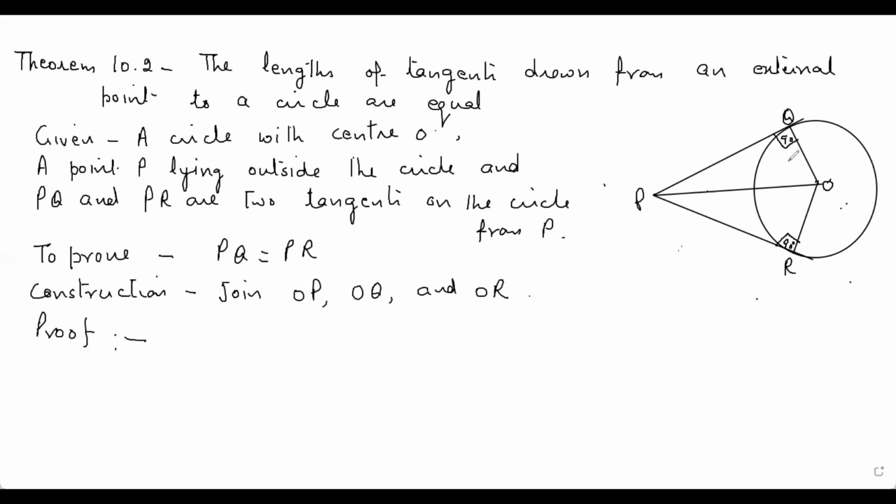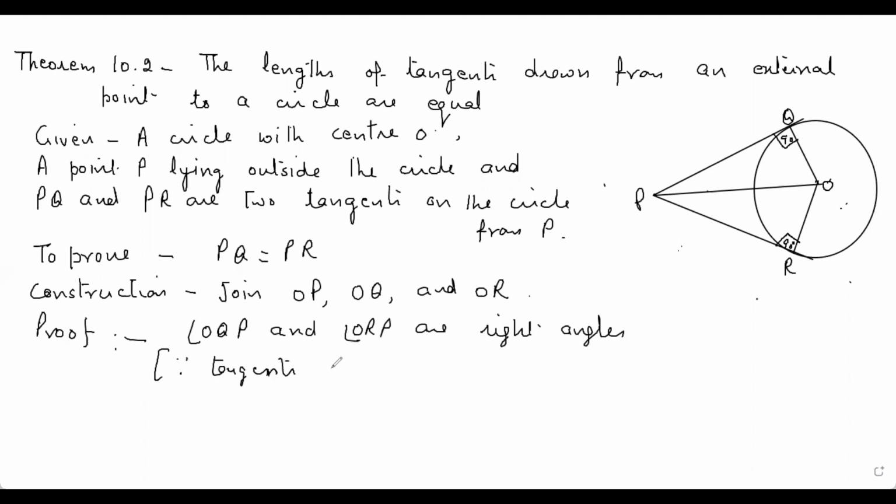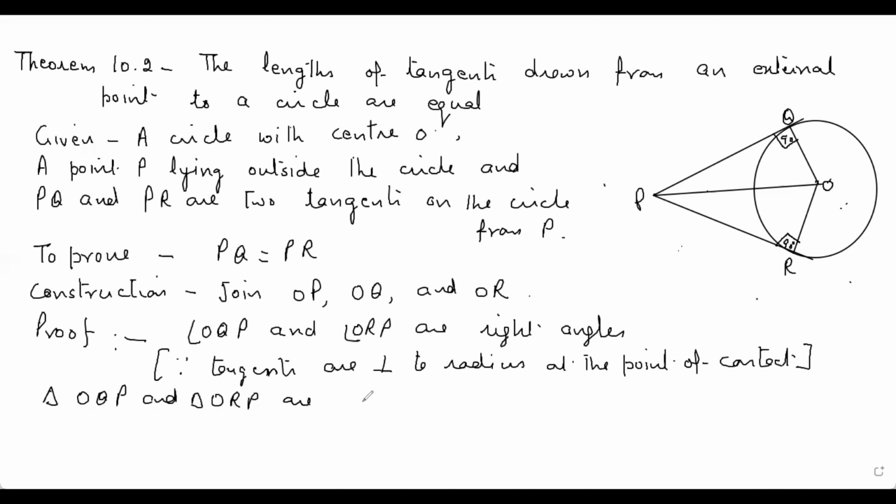So angles OQP and ORP are right angles, and triangles OQP and ORP are right angle triangles.